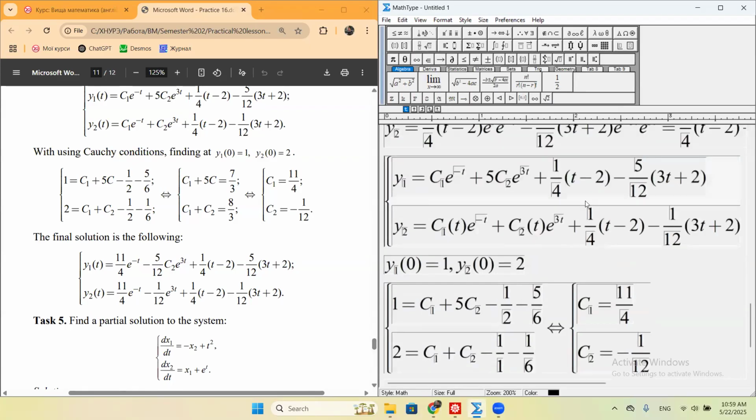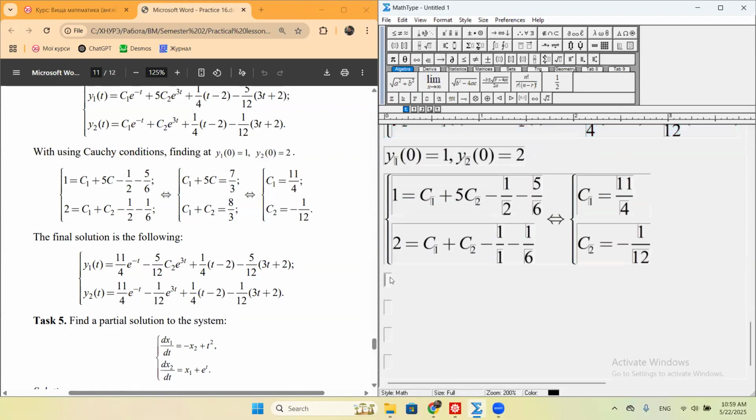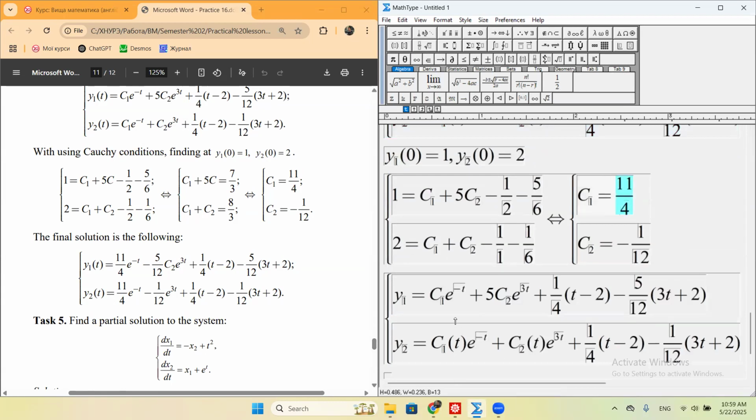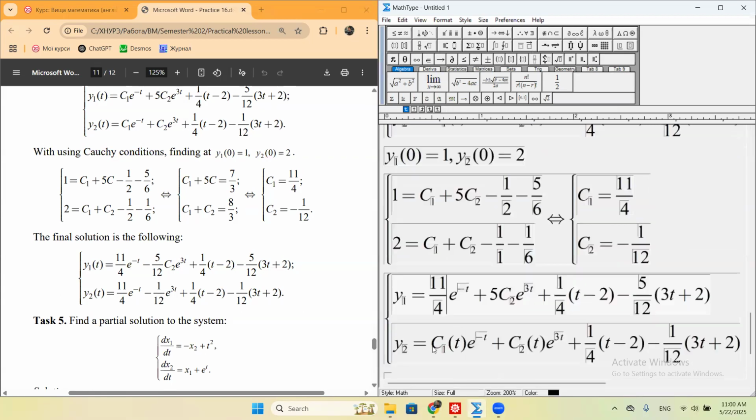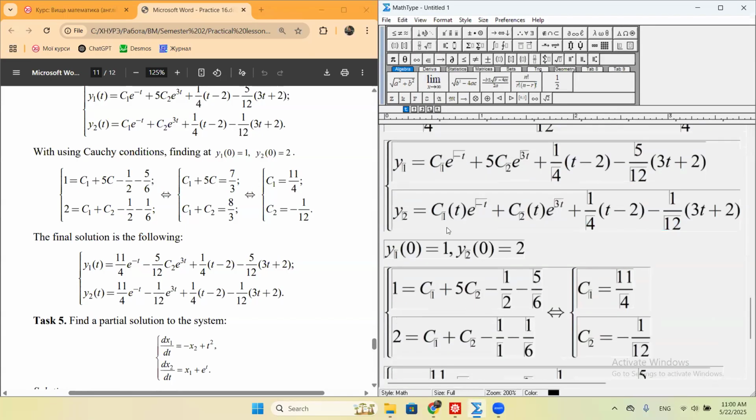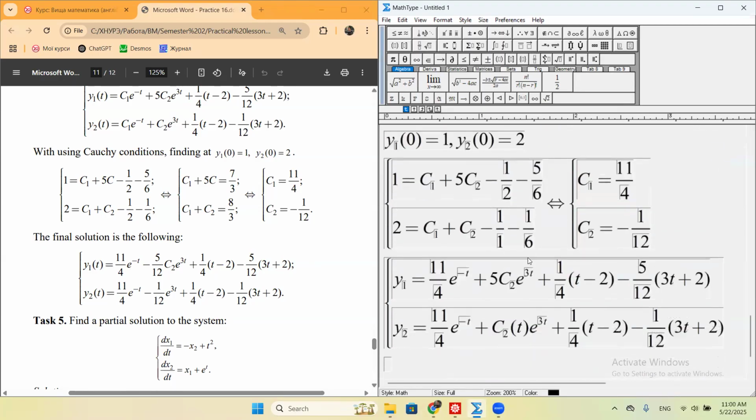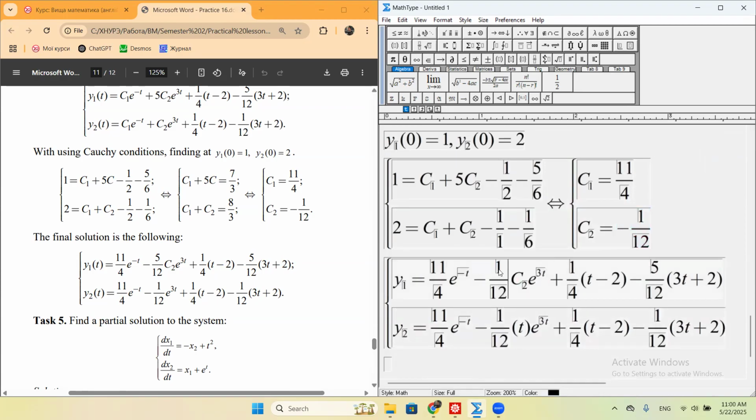So writing down the solution, just substituting everything instead of C. Yeah, minus 1/12 and minus 5/12. So this is the final solution. Any questions about this exercise?